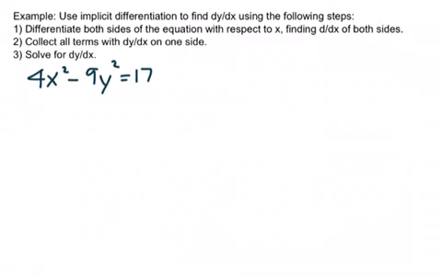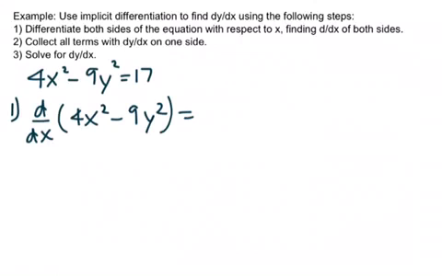Here we want to do the same thing, use implicit differentiation to find dy/dx. So step 1, I'm going to find d/dx, or differentiate both sides of the equation with respect to x. So d/dx of the left and d/dx of the right. Here I'm going to differentiate 4x squared with respect to x.